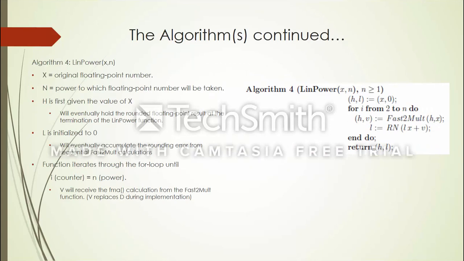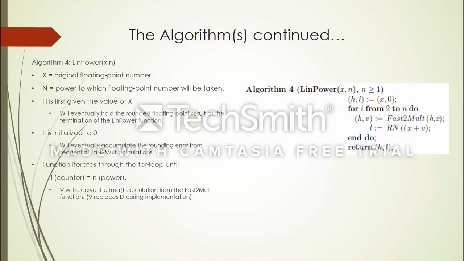The second algorithm, Lin power, has x equal to the original floating point number, n is equal to the power to which the floating point number will be taken, and h is then first given the value of x. This will eventually hold the rounded floating point result at the termination of the Lin power function. L is then initialized to 0, and this will eventually accumulate the rounding error from sequential fast2mult calculations.